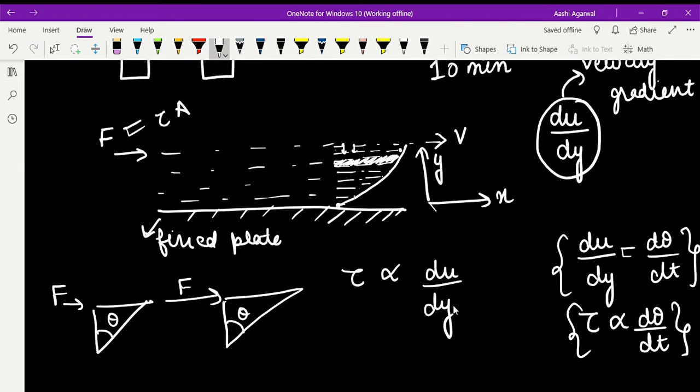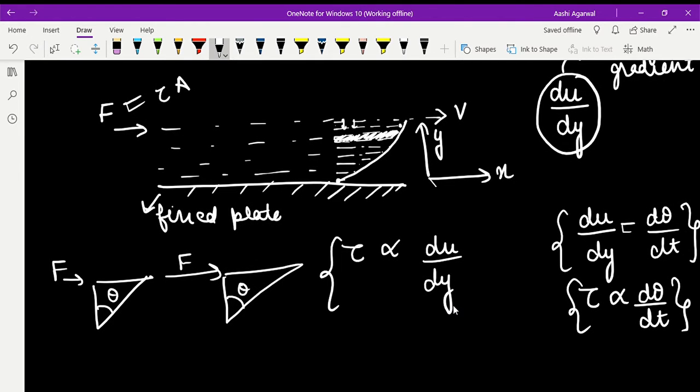So I can simply say that it has been observed that the shear stress is directly proportional to the velocity gradient. If I remove the proportionality sign, this proportionality constant is nothing but viscosity.